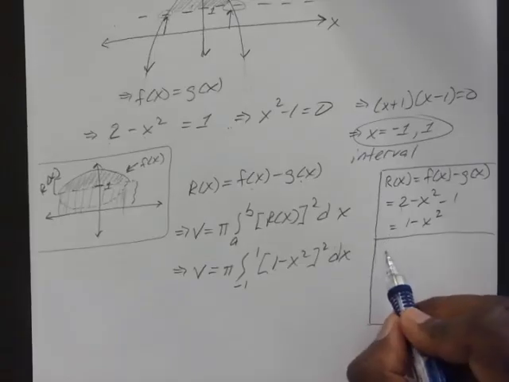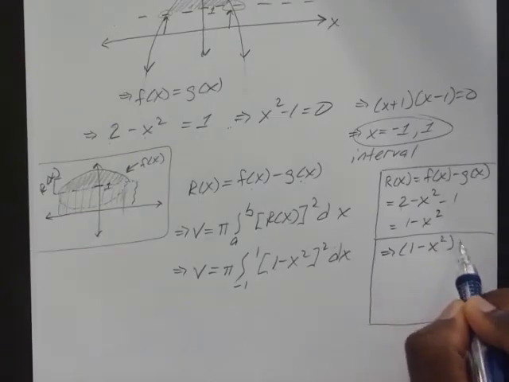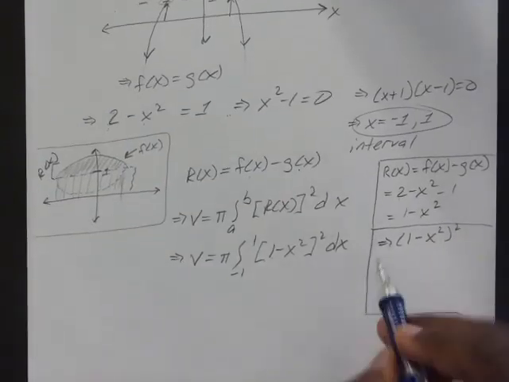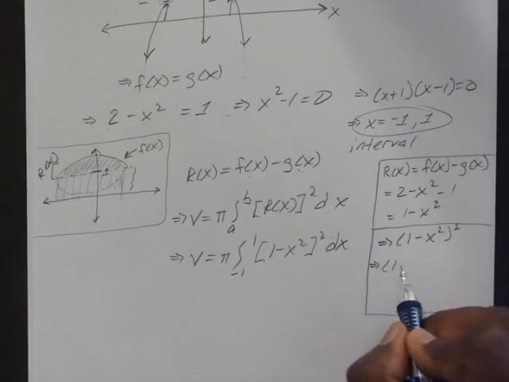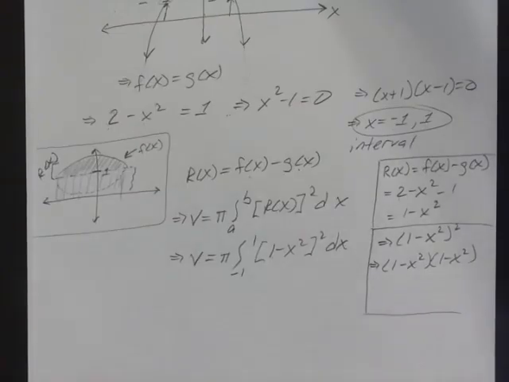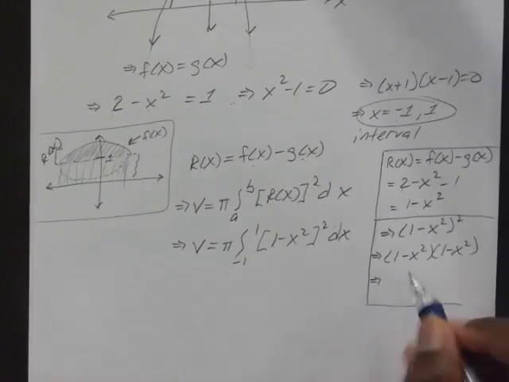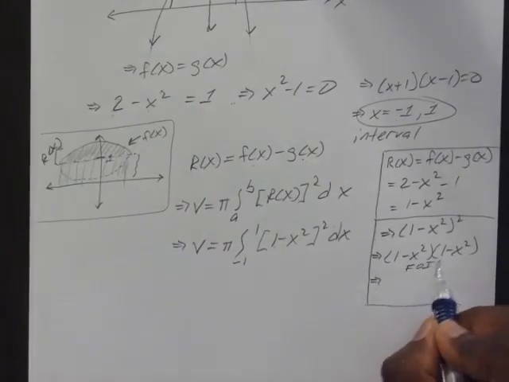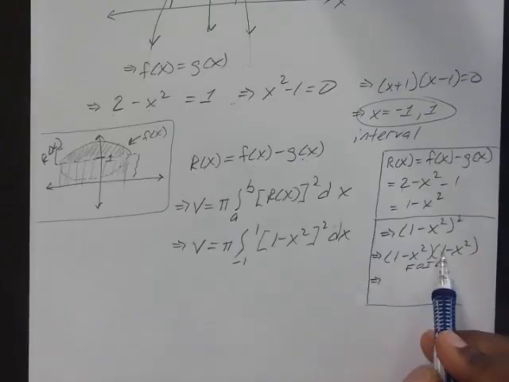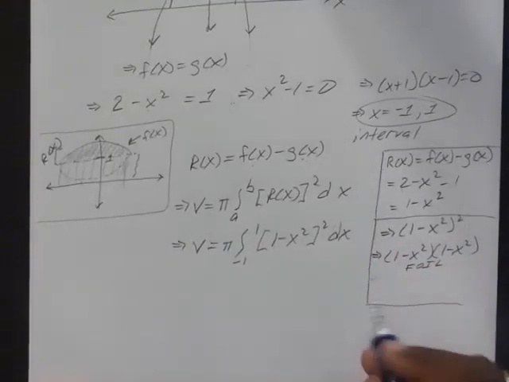So we might as well go ahead and simplify that over here. So 1 minus x squared squared, that's just 1 minus x squared times 1 minus x squared. Okay, so if we do the FOIL method, our first is 1 times 1, which is 1.